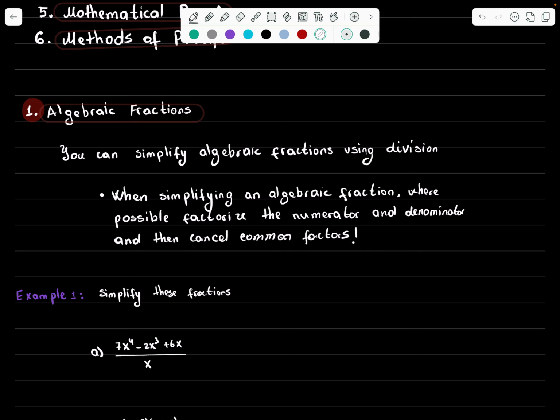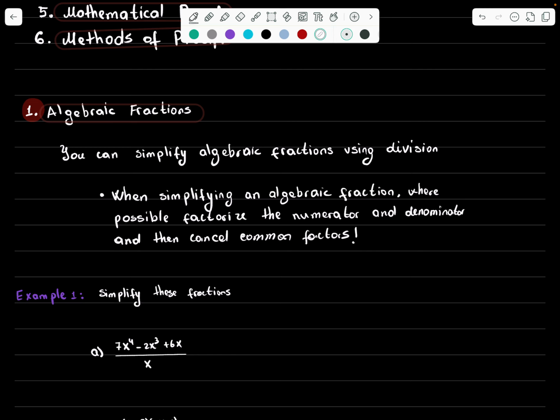In algebraic fractions, you are going to be asked to simplify the fraction. That can be asked in differentiation or in integration, in another topic that is basically integrated with algebraic fractions.